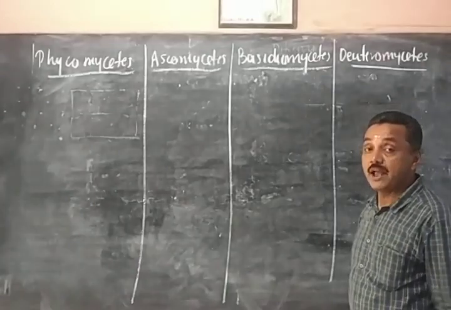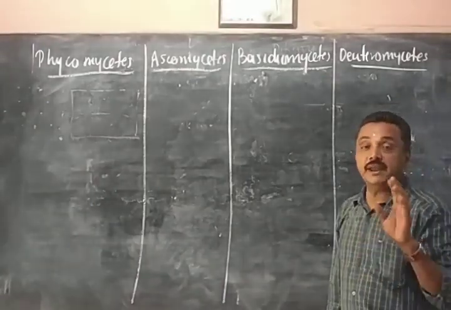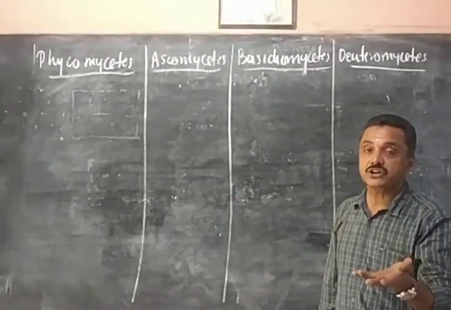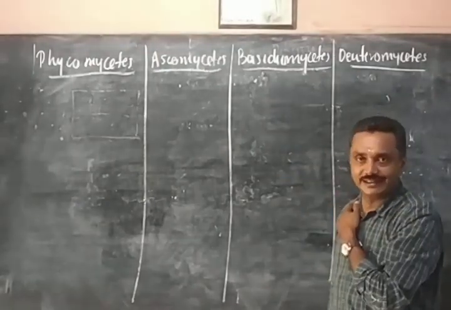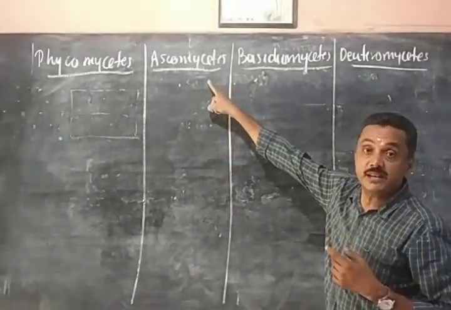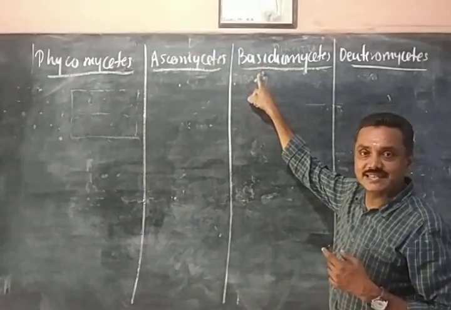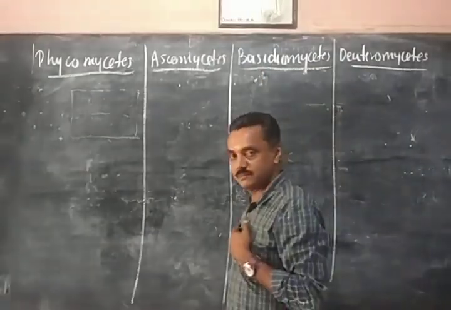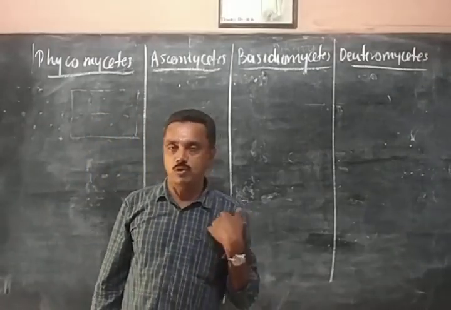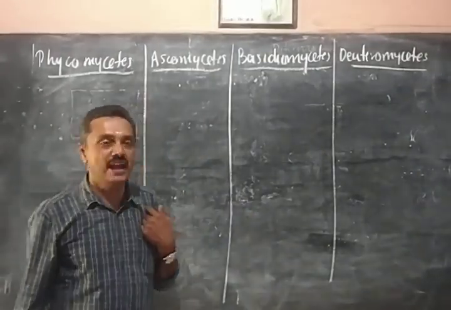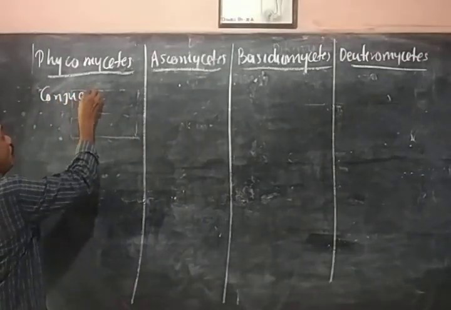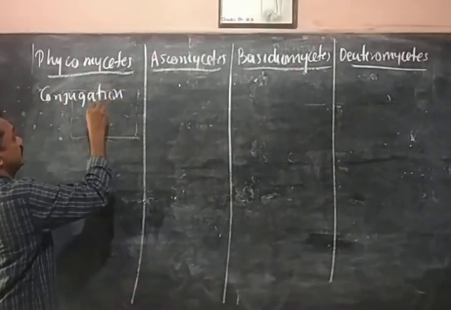Based on what? Based on the type of hypha and the type of reproduction, fungus are grouped into 4 categories. Mycetes means fungus. Details are given, and a chart is also given for your notebook. And Phycomycetes are called conjugation fungus.